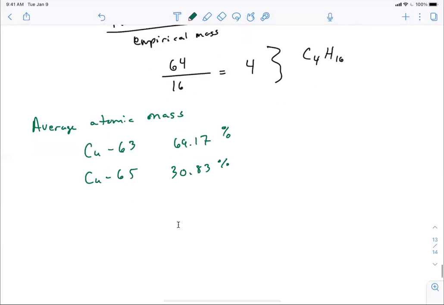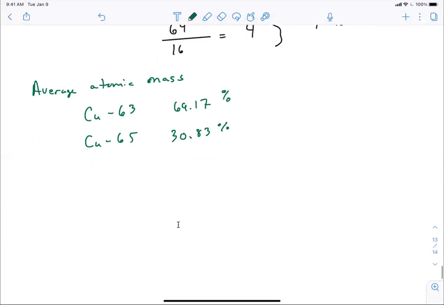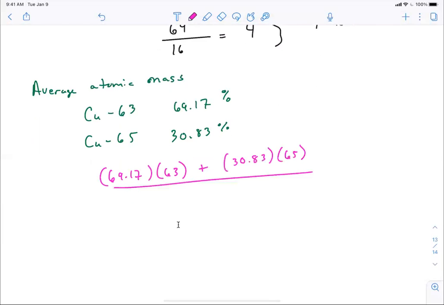30.83%. And the way I do it, I think is foolproof because it eliminates a lot of the mental math that you have to do in your head. What I do is multiply the percentage directly by the isotope mass for everything, and I divide by 100.